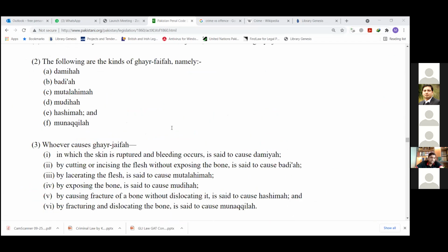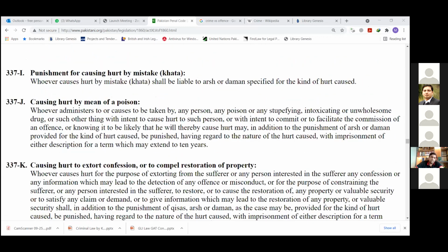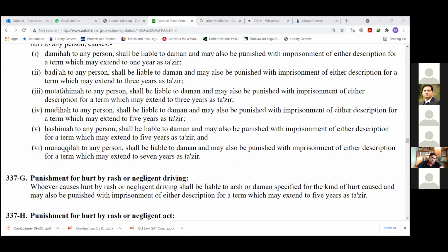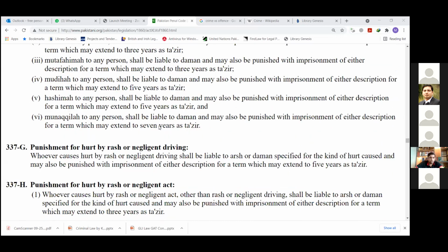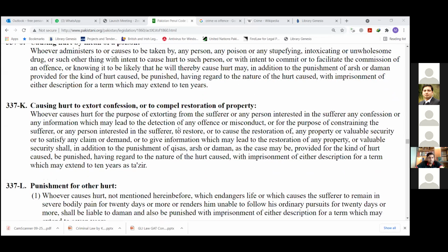Again, there are 6 categories of these offenses, which relate to, again, the same sequence: rupturing the skin, bone, fracturing the bone without dislocation, fracturing it with dislocation, and so on and so forth. And the punishments are also prescribed accordingly.